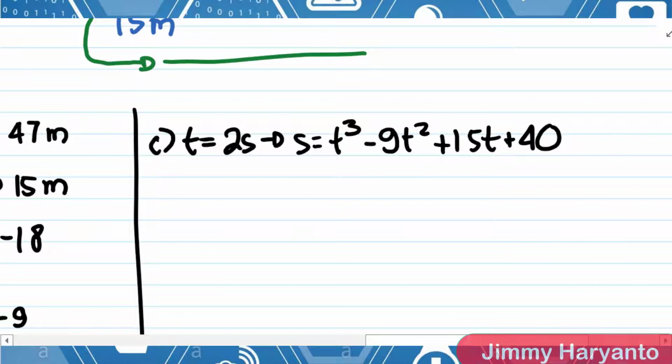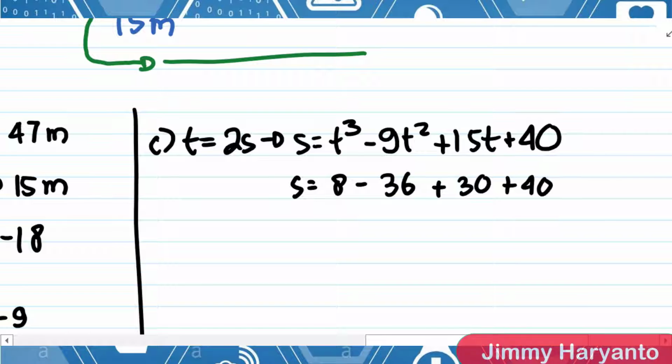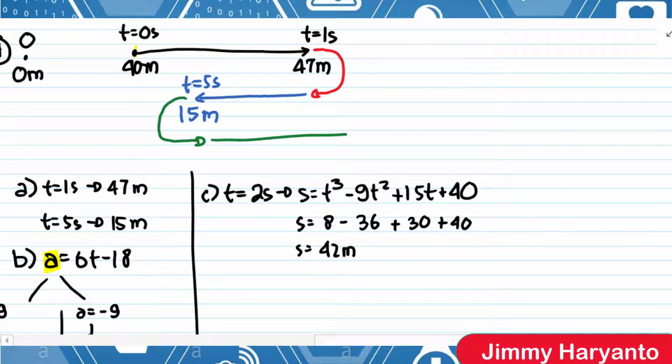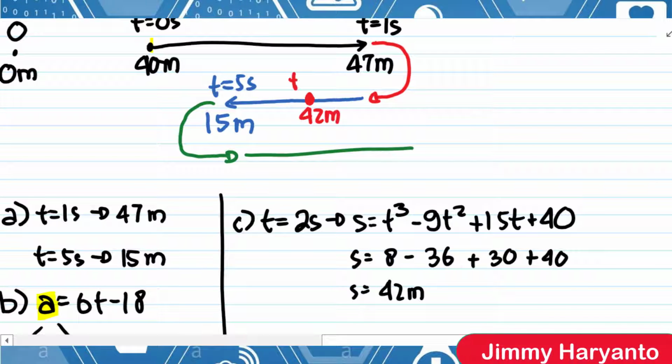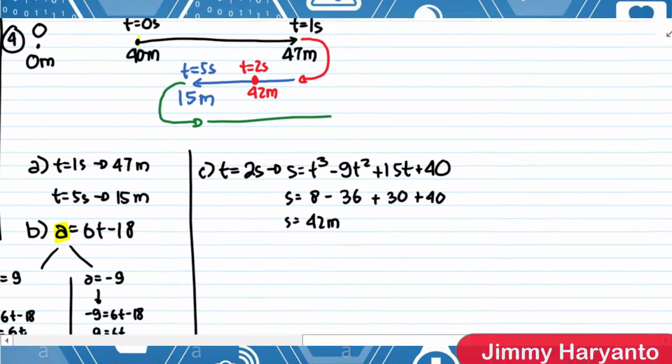Okay, I will put the 2 seconds, so I will have s equals to 8 minus 36 plus 30 plus 40, so you will have 42 meters. So the position of the object when the time is 2 seconds is at 42. It's right here, guys, 42 meters. It happens when time equals to 2 seconds.